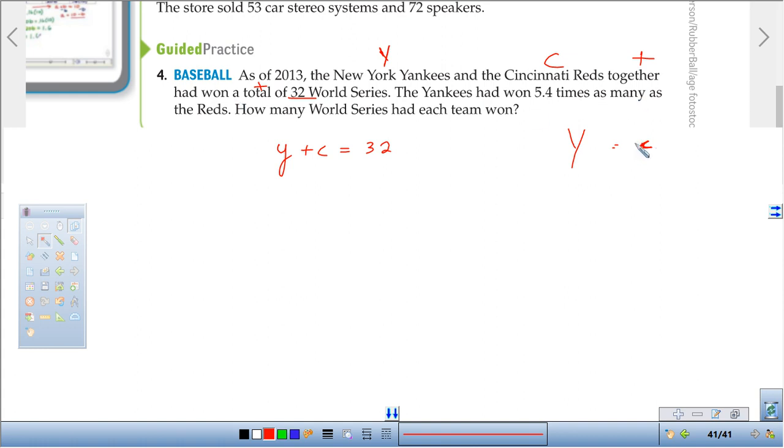So I'm going to go with this one times 5.4. Does that make sense? If I multiply the smaller one times 5.4, it becomes the size of that one. So that's my reasoning. That's what I use in my head. So I'm going to go with Y is equal to 5.4C.